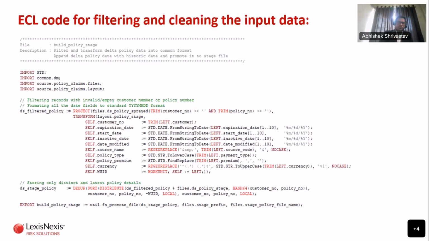Okay, so this first code snippet is something we do as a part of the data transformation. As I mentioned, the policy data coming via data sources, we have to commonize the data first. So some might be giving the dates in some specific format.